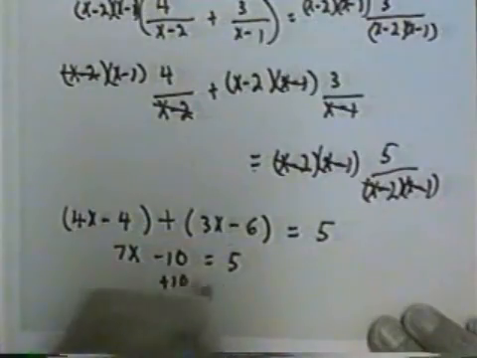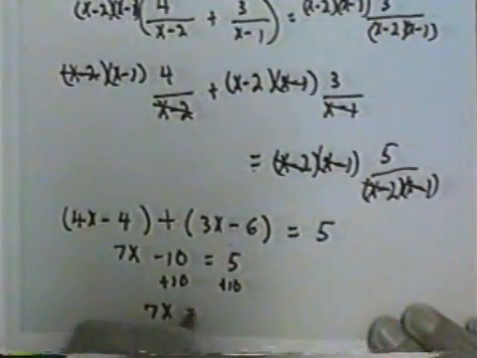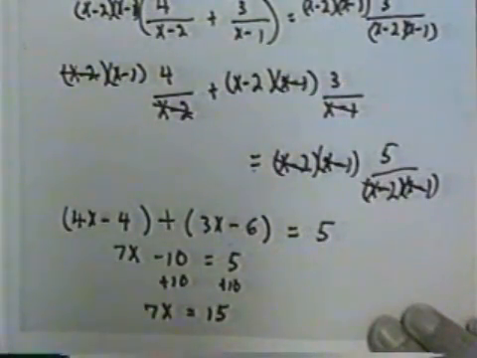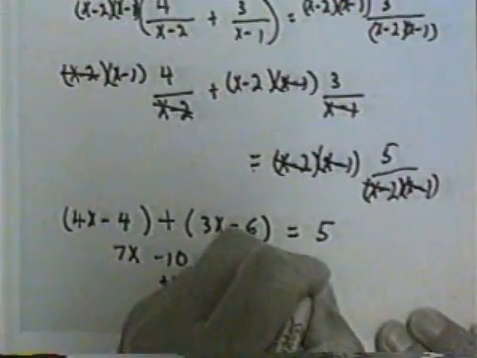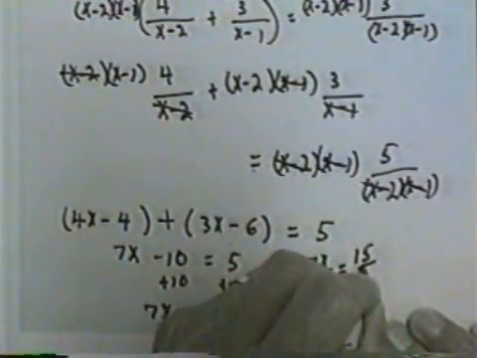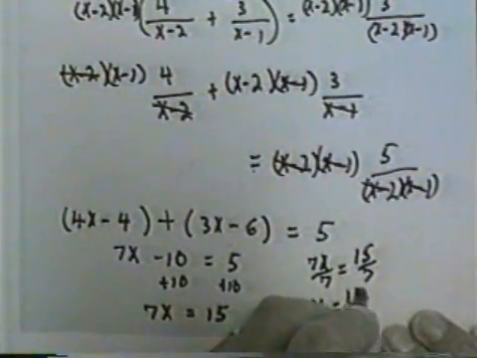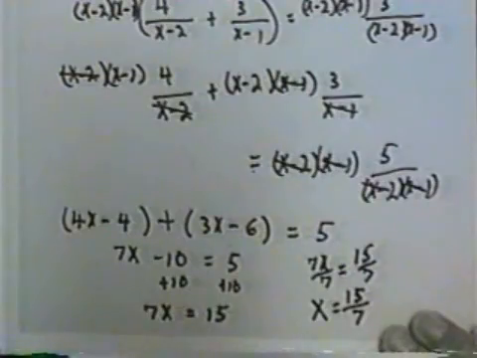Add 10 to both sides. I get 7x is equal to 15. Divide both sides by 7. I get 7x divided by 7 is equal to 15 divided by 7. Or I get x is 15 sevenths.